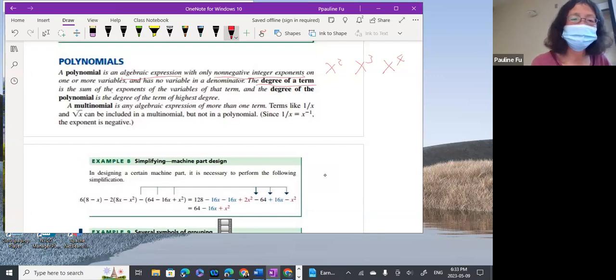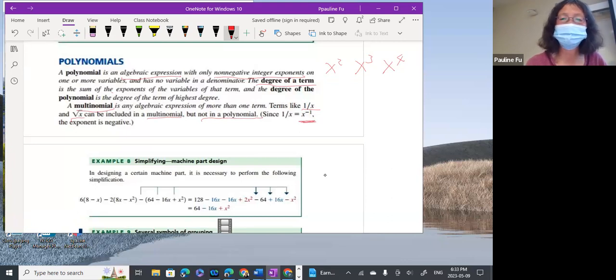Another terminology is a multinomial. It is just an algebraic expression of more than one term. So 1 over x and square root of x both belong to multinomials, but they are not polynomials. The reason is 1 over x equals x raised to power -1.